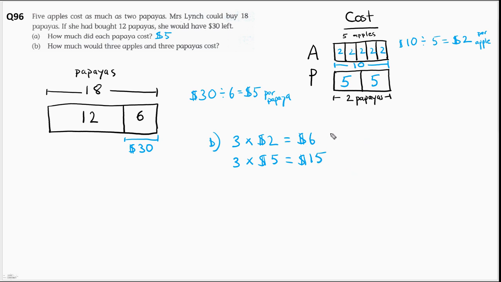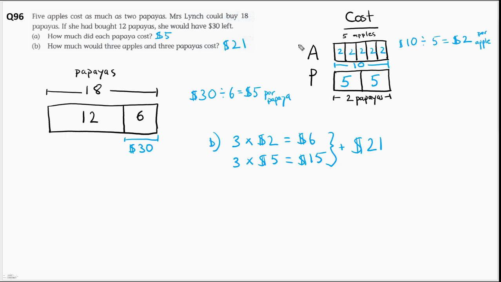And then we just need to add them together. So 15 add 6 is going to give us a total of $21. So that is our final answer.